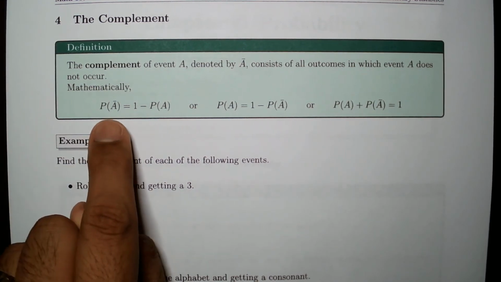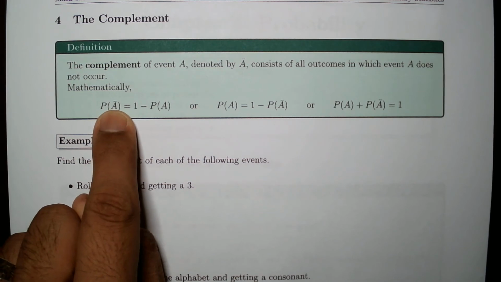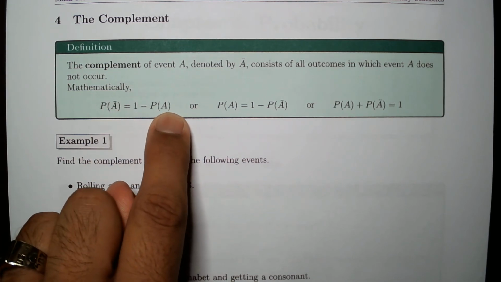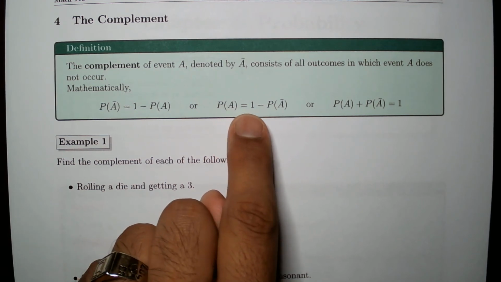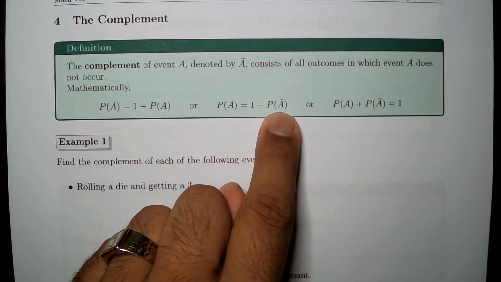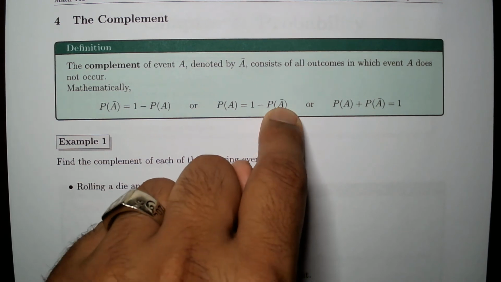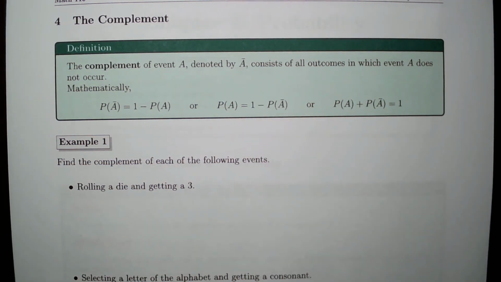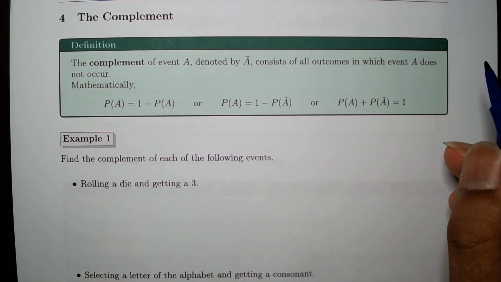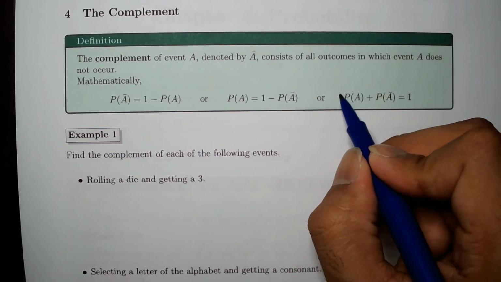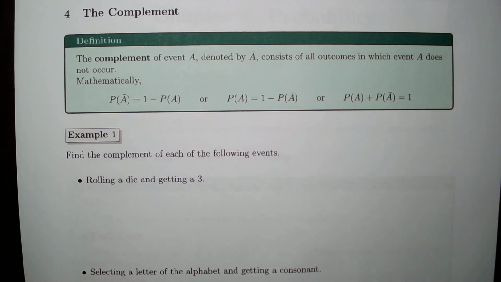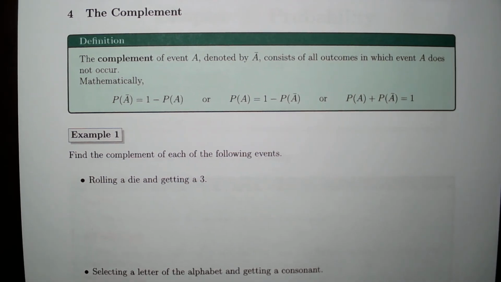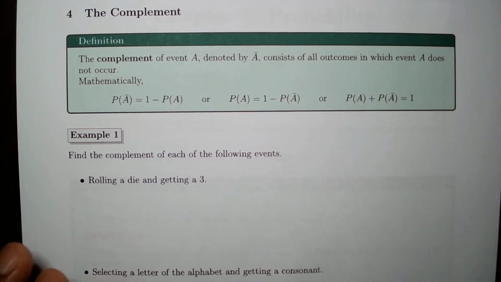So the probability of the complement of A is 1 minus the probability of the event A. Or the probability that the event A occurs is the same as 1 minus the probability that the complement occurs. What we need to keep in mind is that the probability that the event occurs plus the probability that the event does not occur add up to 1.